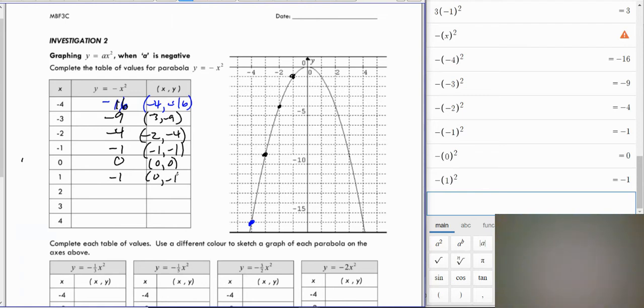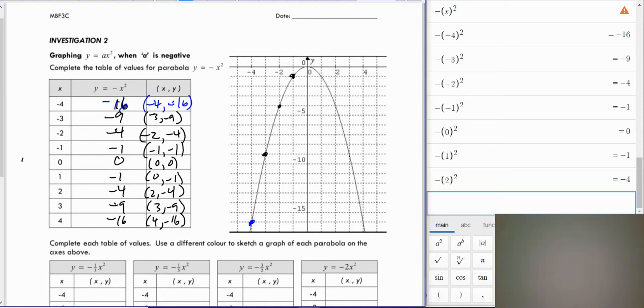And we are repeating ourselves. 2, just negative 4. We can safely assume that these are going to be the same numbers as up here. Negative 9, negative 16. Three, negative 9.